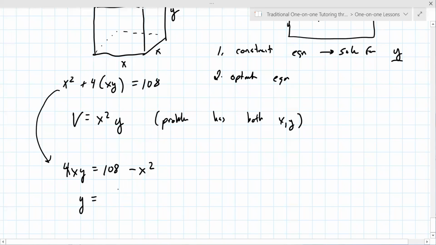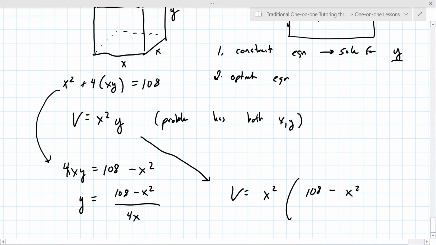So y equals 108 minus x squared over 4x. I'm not sure if it's good to reduce yet. We'll bring this equation down here.